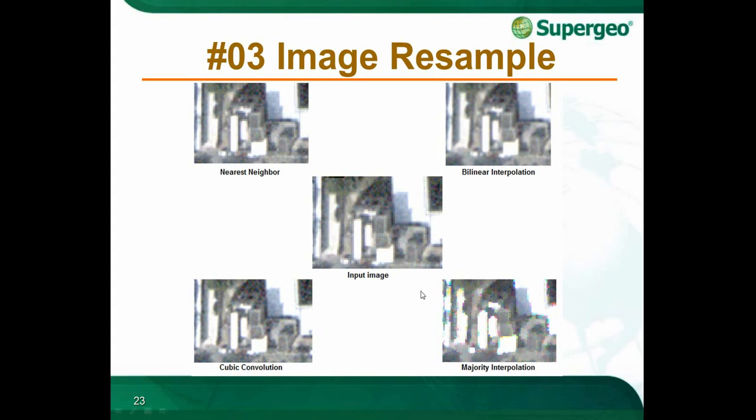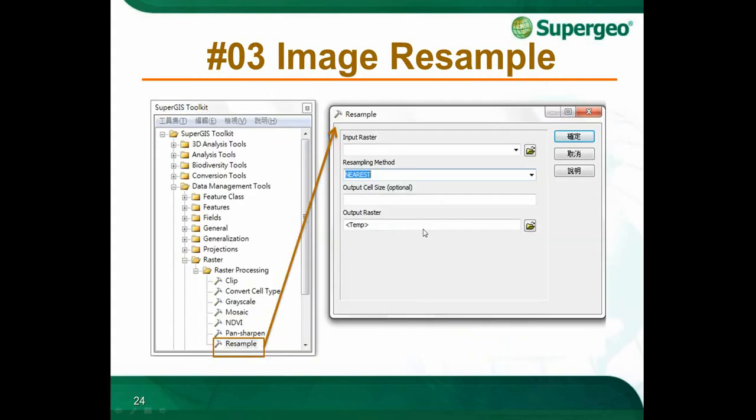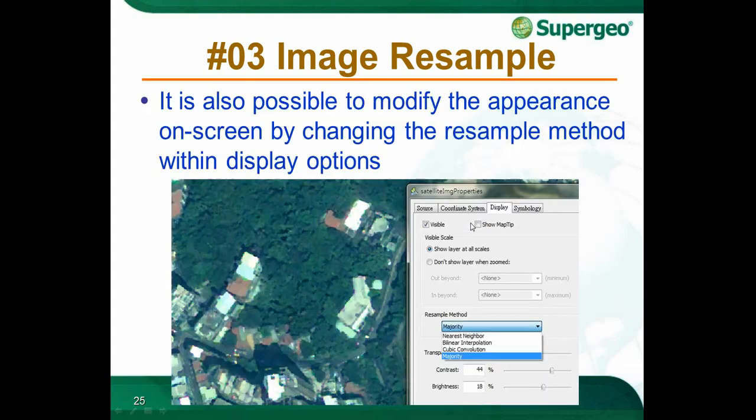So you can select between 4 different methods to do the image resample. You can also find the image resample tool within the data management tool, within the raster processing, and select between 4 different resampling methods, and also change the output cell size here.